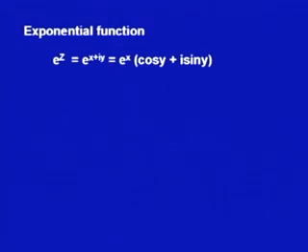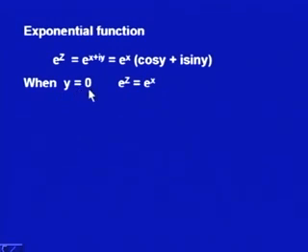We start with the exponential function. The exponential function e^z, we define it as e^(x+iy) equal to e^x multiplied by (cos y plus i times sin y). We have defined this function in a manner so that when z becomes x, it is the usual exponential function of a real variable.